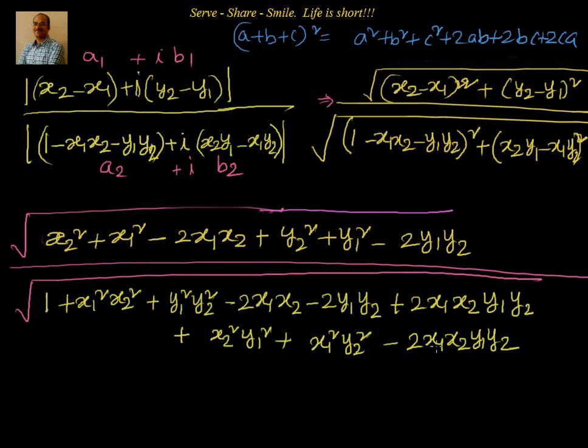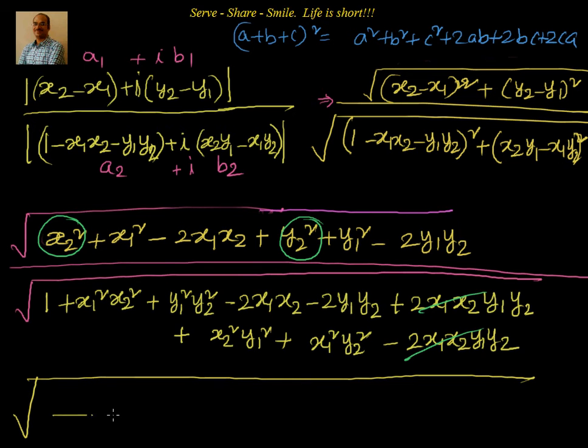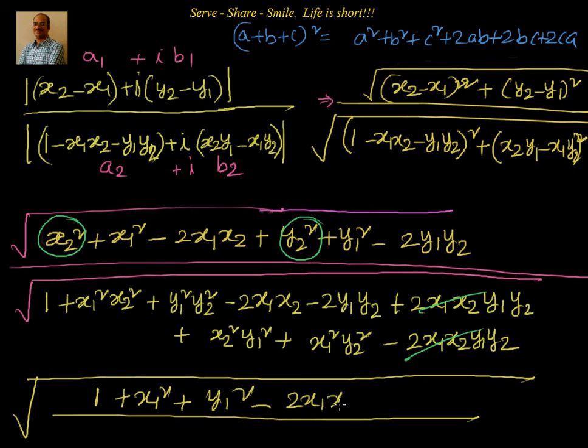Now let us see what we can cancel here. I see this and this I can cancel. Then also we know x2 square plus y2 square is equal to 1. So can I go ahead to the next step and write it as, in the numerator part we have 1 plus x1 square plus y1 square minus 2x1 x2 minus 2 y1 y2.